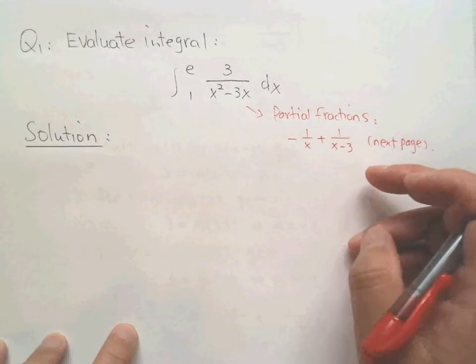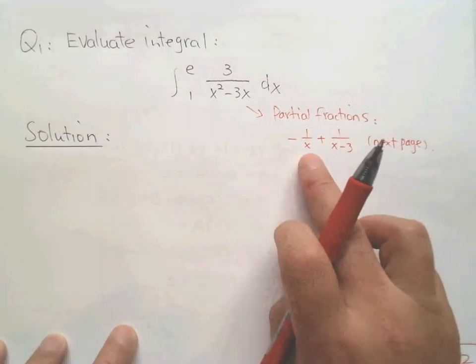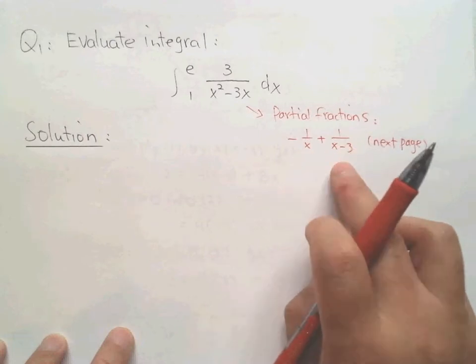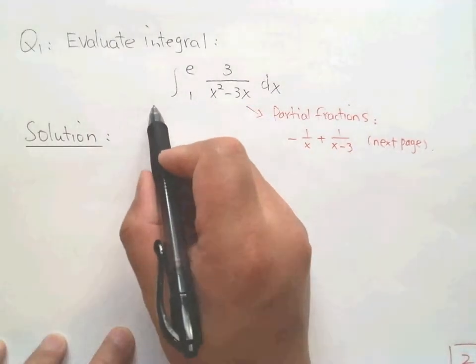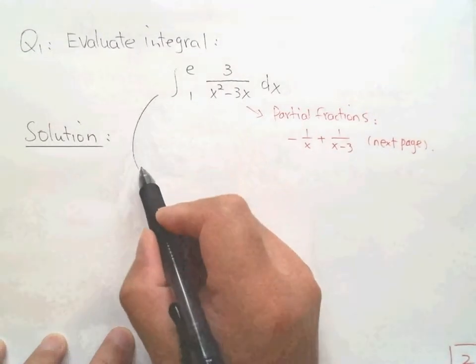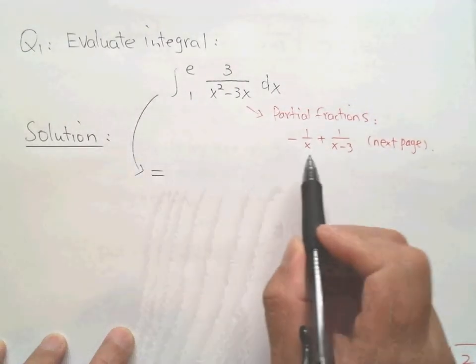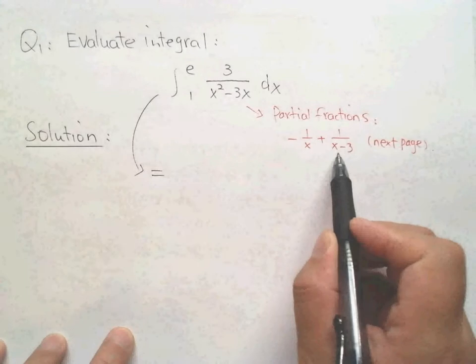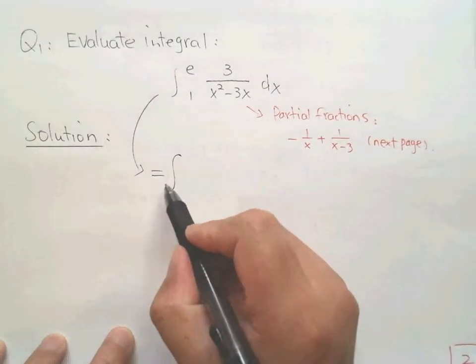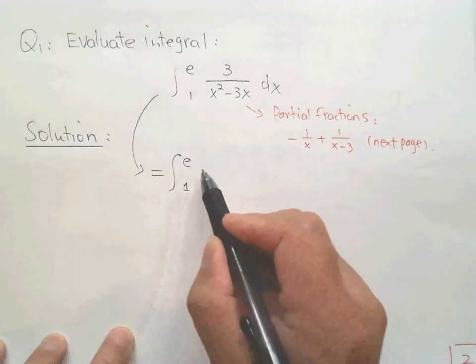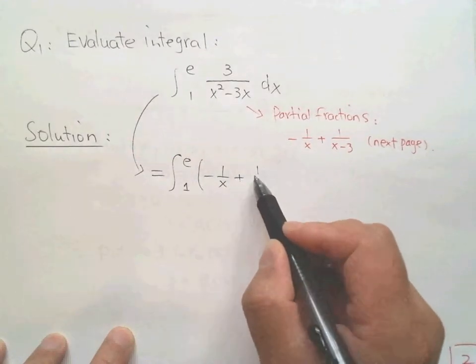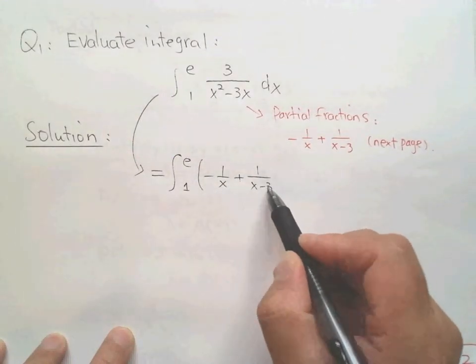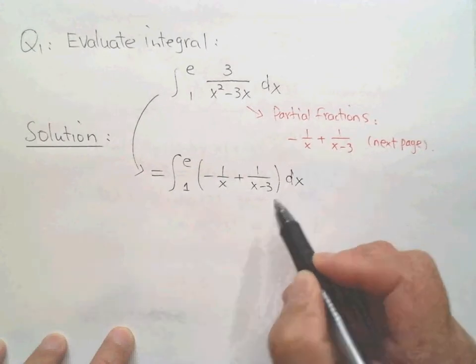If we have the simple partial fractions, you know what the antiderivative is: ln, log. So we definitely get it. Let me copy that here. Now, if we break it down into partial fractions, it's the integral from 1 to e of negative 1 over x plus 1 over x minus 3 dx.